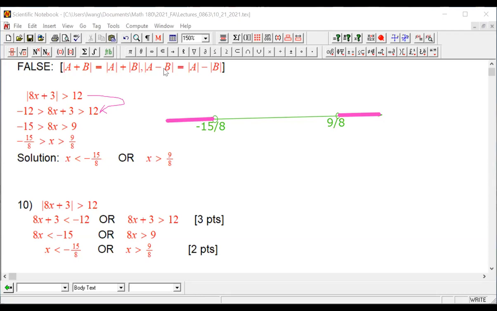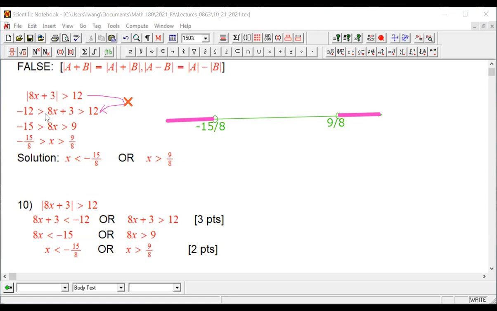And right here, it's wrong. Do you guys see that? Because you're telling the reader, if the absolute value of 8x plus 3 is larger than 12, think of 8x plus 3 as omega.